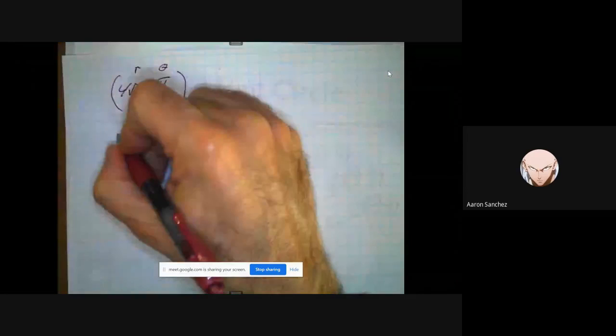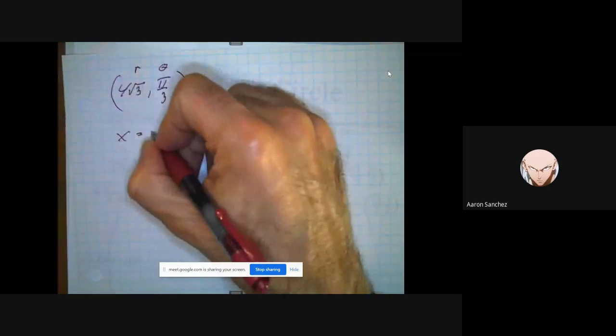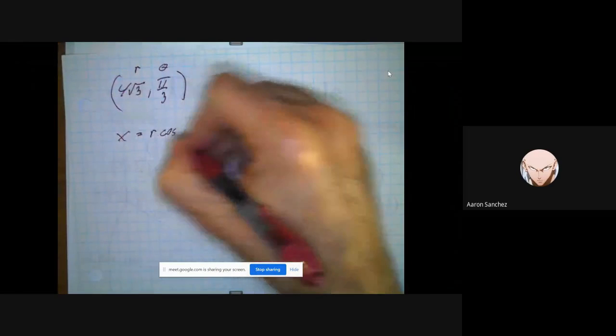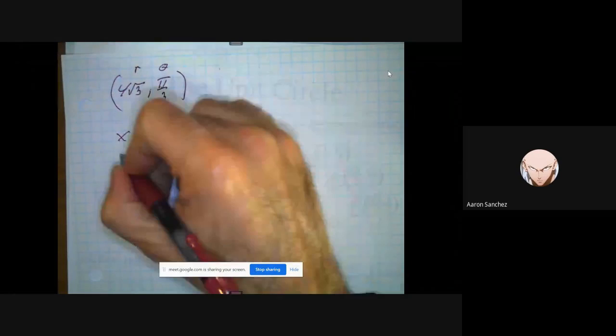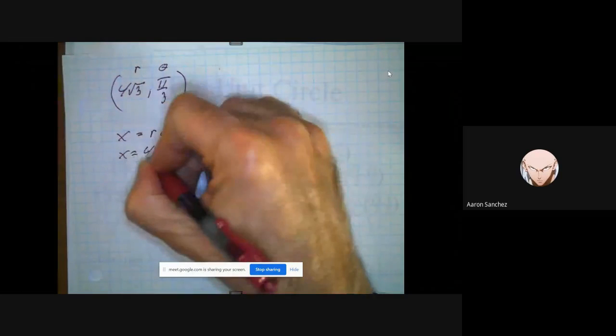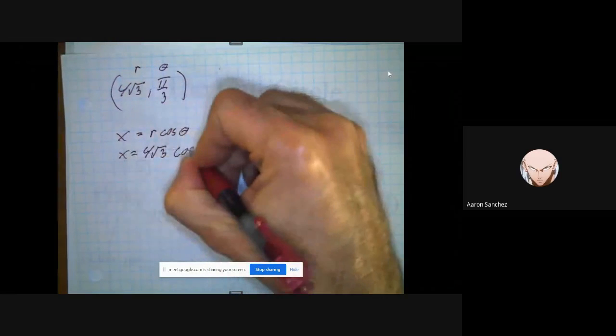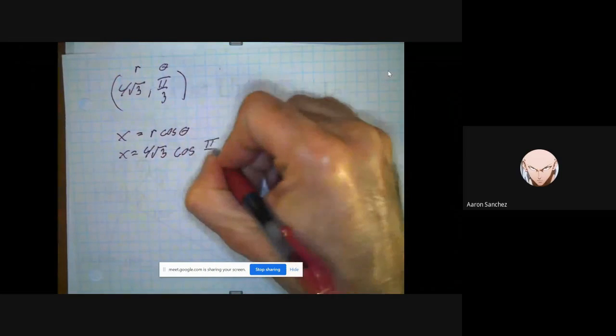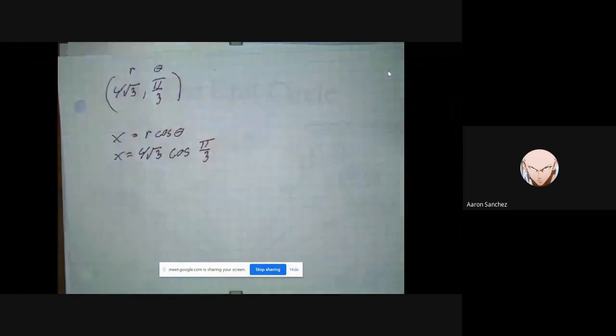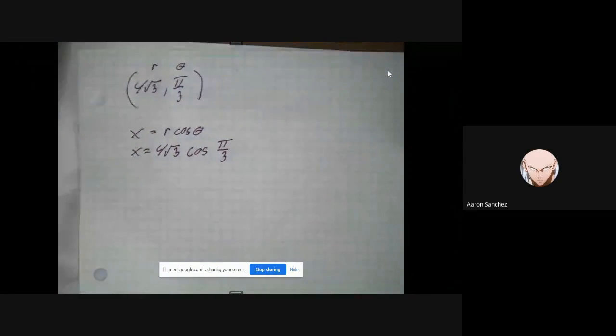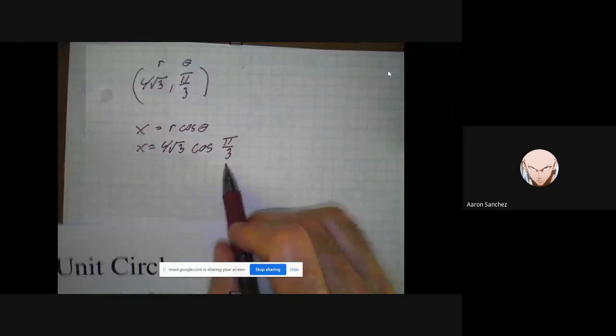x is equal to r cosine theta. X is equal to 4 root 3 cosine pi over 3. Now, take your unit circle to find out what the cosine of pi over 3 is.